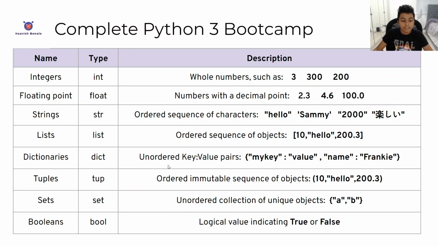Okay, and then you have dictionaries, basically unordered key value pairs. So you can have a key called my key, and then a colon with your value, and then a comma separator for a new key and a new value.